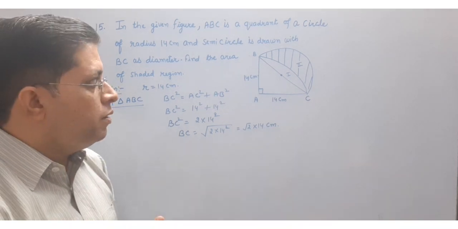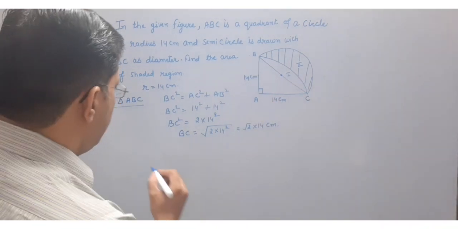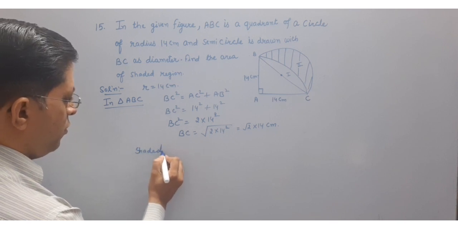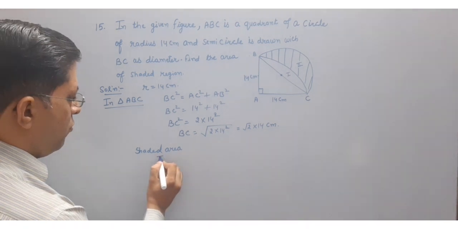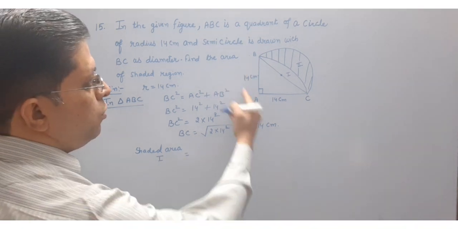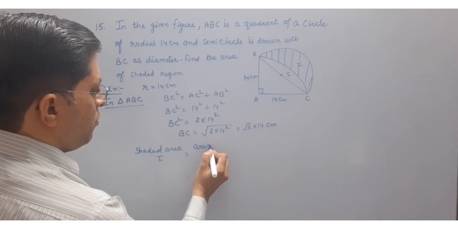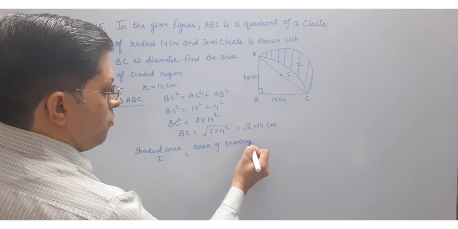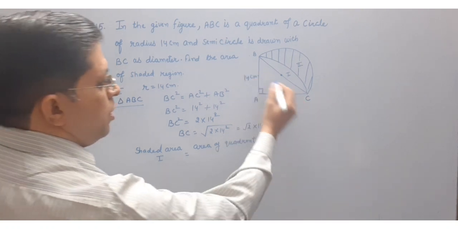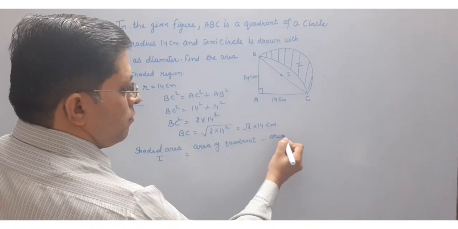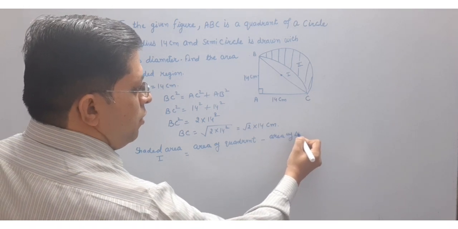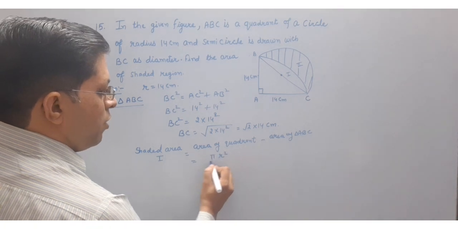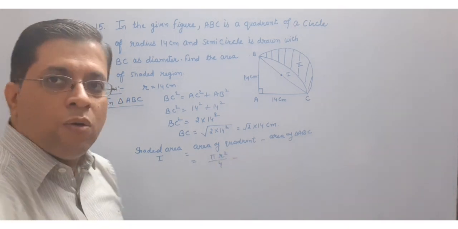Now what is shaded area? First, shaded area number 1 is equal to area of quadrant minus area of triangle ABC. Area of quadrant we know, pi r square upon 4. Okay.